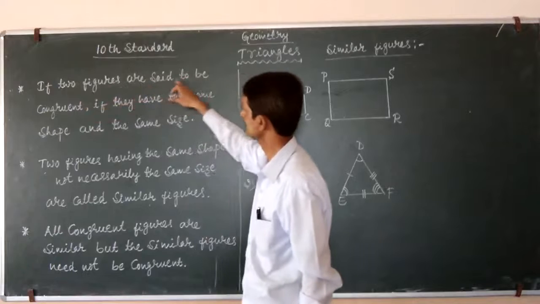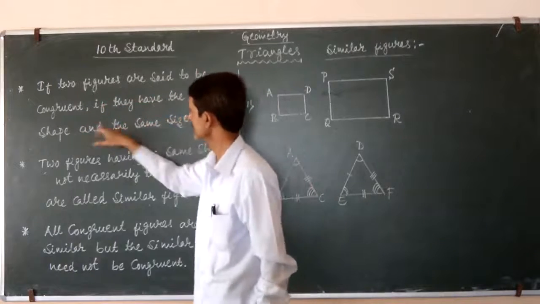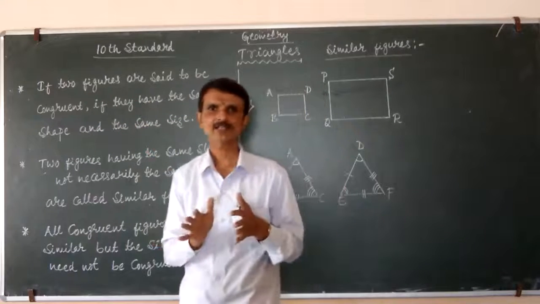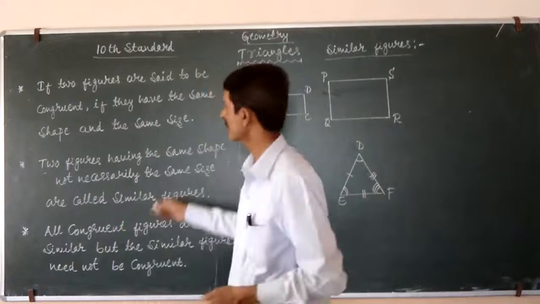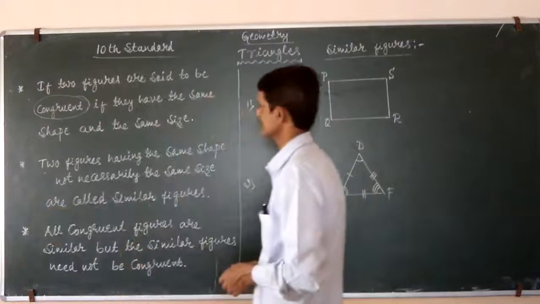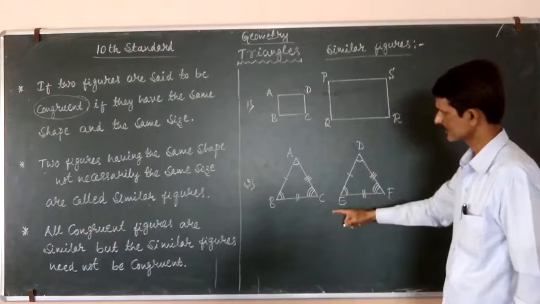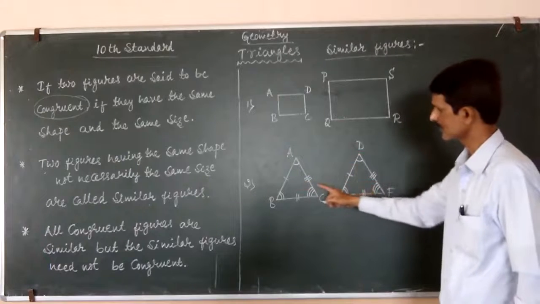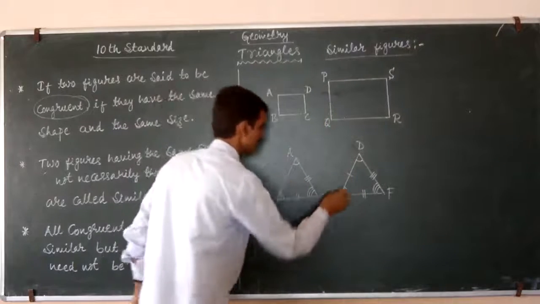Two figures are said to be congruent if they have the same shape and the same size. So when they have the same shape and same size, they are congruent. If you observe figures 1 and 2, we can write that these two triangles are congruent.